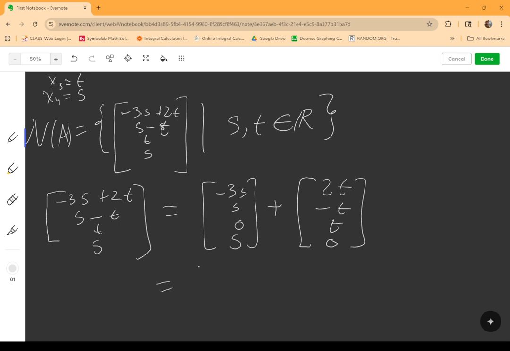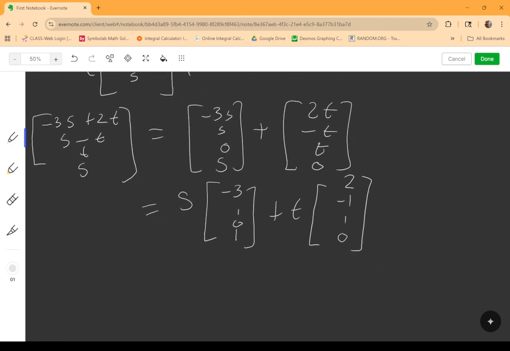Right, or even further, I can write it as a scalar multiple of vectors. Okay, so this represents any element of the null space.